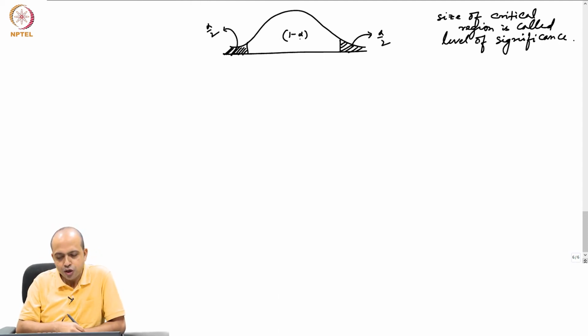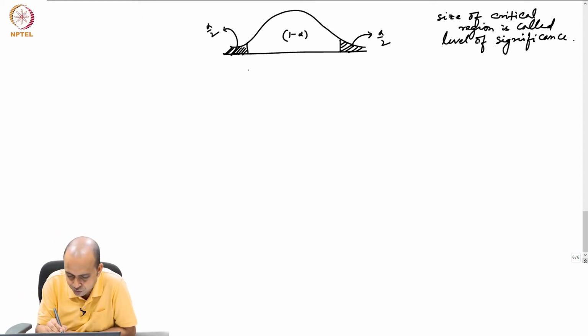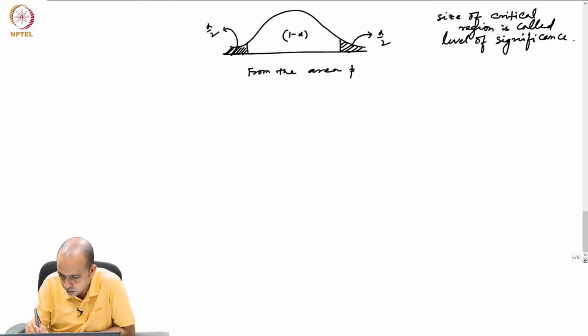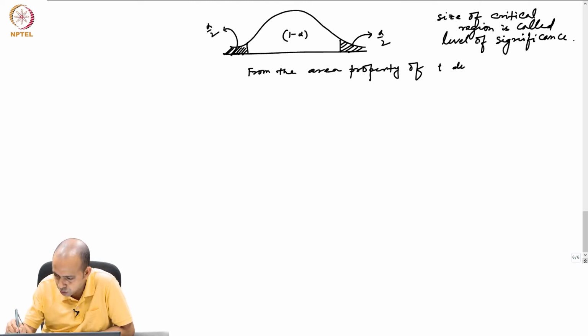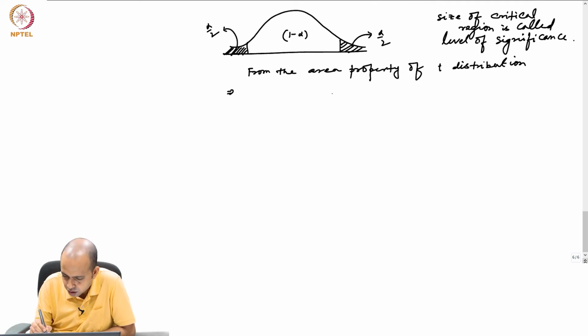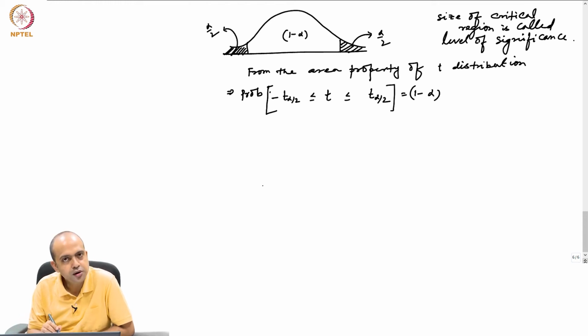So, from the area property of the T distribution, a T which will lie between minus T alpha by 2 and T alpha by 2, the probability is actually equal to 1 minus alpha.